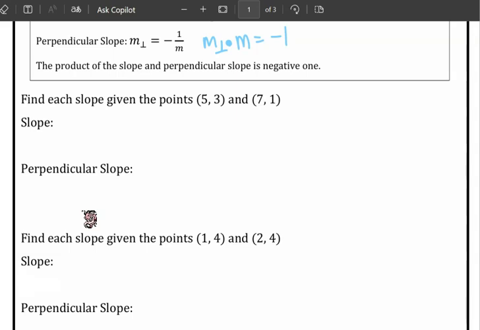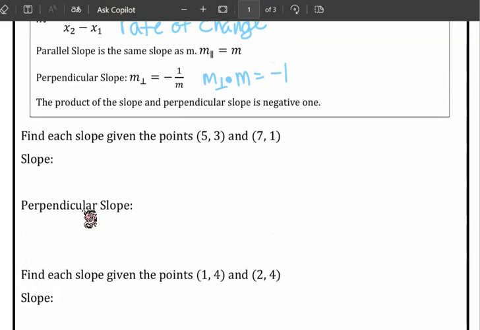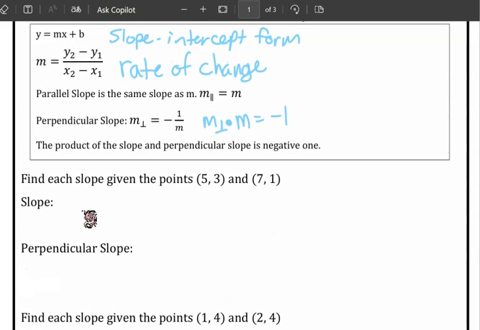Find each slope given the points (5, 3) and (7, 1). Let's label these x1, y1, x2, y2. We'll plug this into the slope formula: y2, which is 1, minus y1, which is 3, all over 7 minus 5. -2 over 2 is going to give you -1.